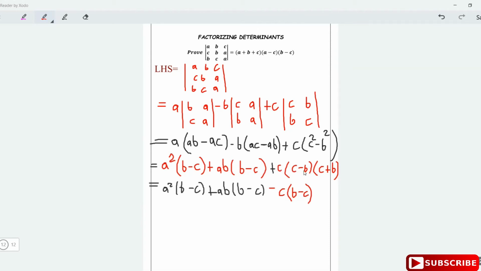C times minus B is minus BC, minus C times B is minus BC. Then we multiply it by C plus B.